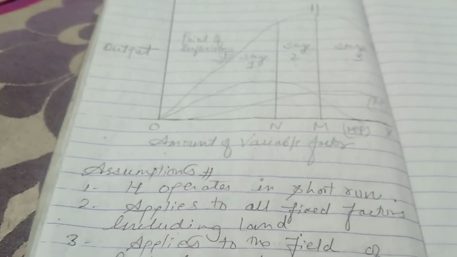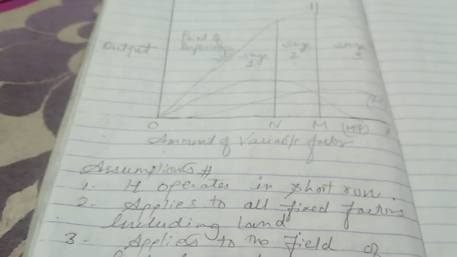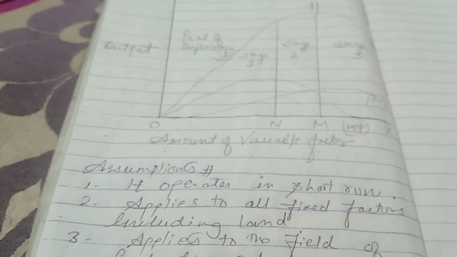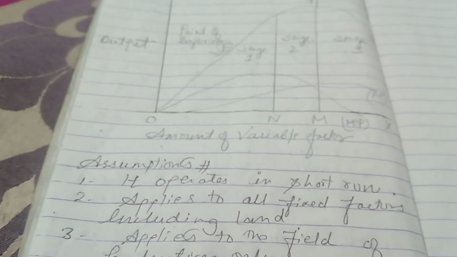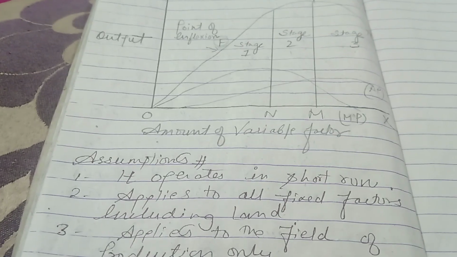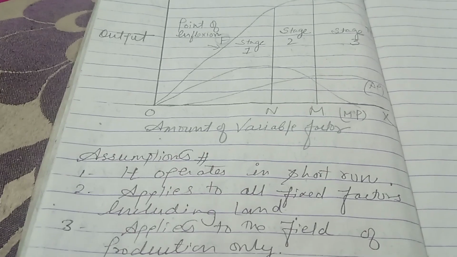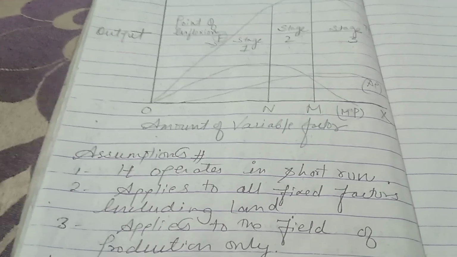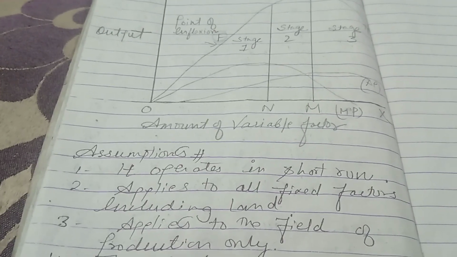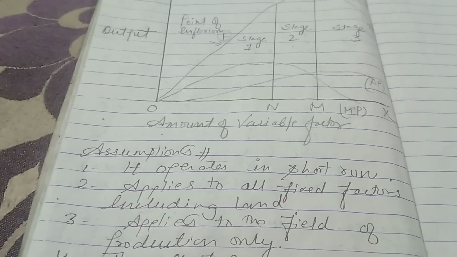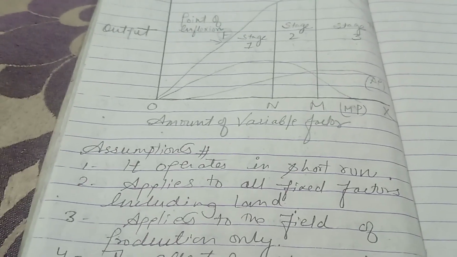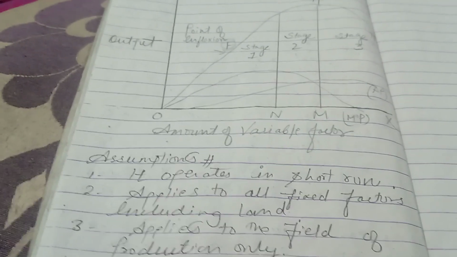Second conclusion, if we just go in depth, this theory says that the rational producer also does not produce in stage 1. Stage 1 where MP of X factor is negative. If the MP of X factor is negative, then a rational producer should not produce in the first stage.